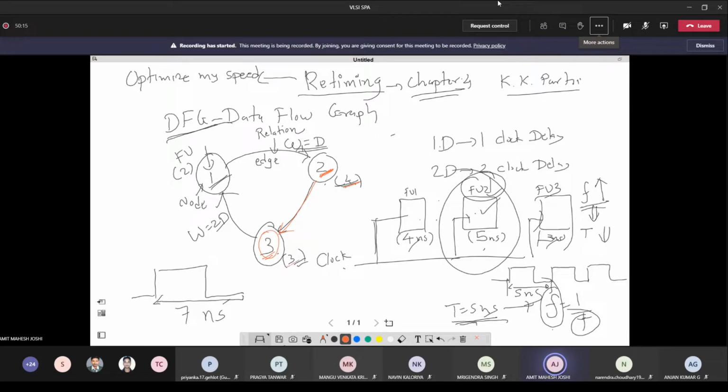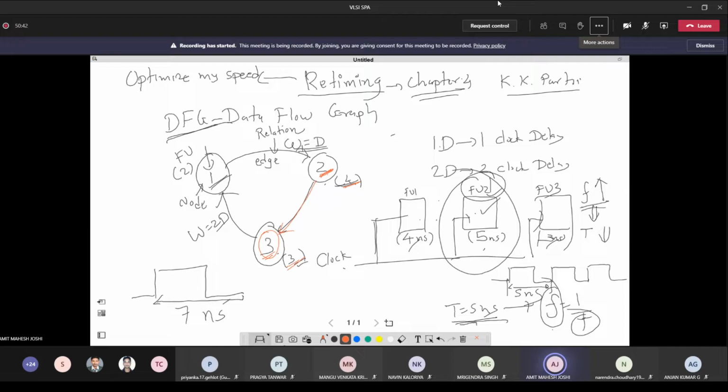Now it will take 3 nanoseconds. So 4 plus 3, that means 7 nanoseconds I require so that node 2 and node 3 both could complete their execution in the same clock cycle, because there is no weight assigned to this particular edge.